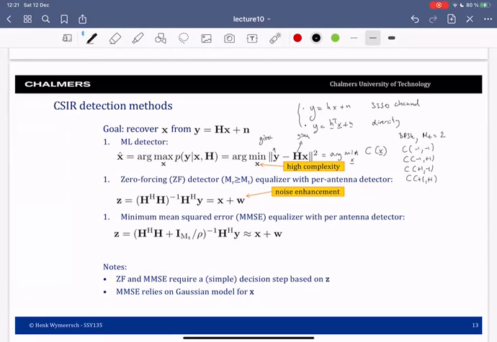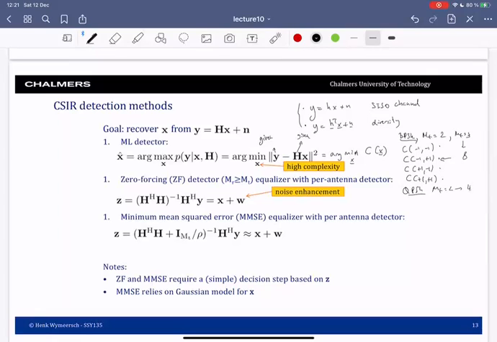These are 4 numbers, and I will just pick whichever gives the smallest cost, and then I will say this is my decision. Now, if MT is equal to 3, then I will have 8 combinations instead of 4. And now if I use, for instance, QPSK and MT is equal to 2, how many combinations do I have then?